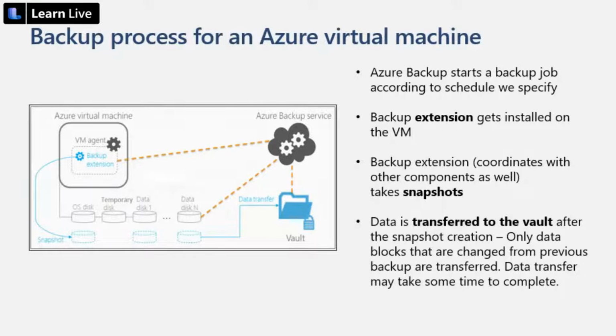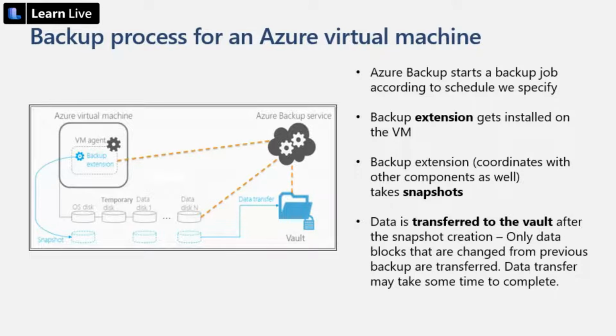Now, a few things to note here. You might have multiple disks attached to a VM, so the data transfer might happen in parallel. This provides a lot of efficiency. And when the data is transferred, it's not that we transfer all the data every time. We do a comparison, and only the data which has changed gets transferred.